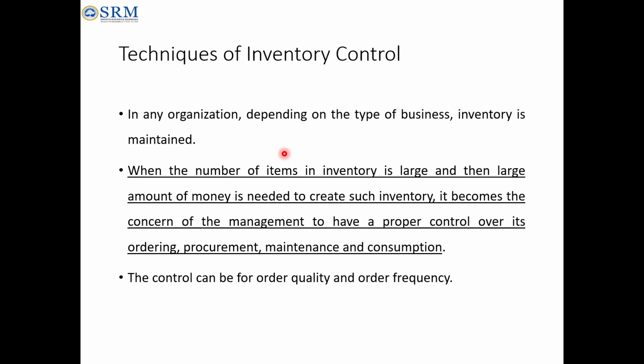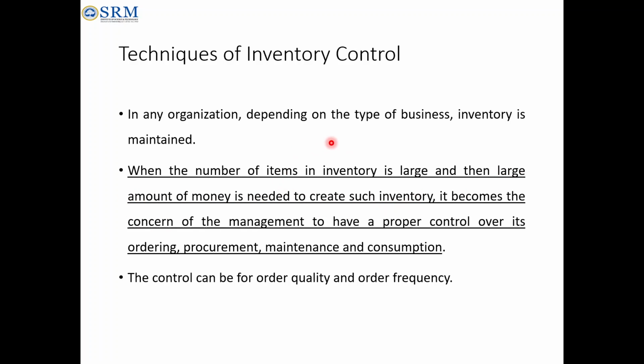And in many ways we have a systematic or scientific approach for doing inventory control. In any industry, whether small scale, medium scale, or large scale, we have to have inventory control. When the number of items in inventory is large, a large amount of money is needed to create such inventory.